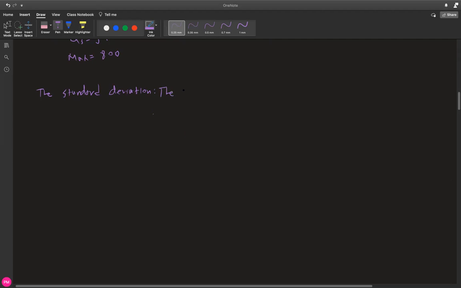So the most important and the most commonly used measure of spread for a data set.